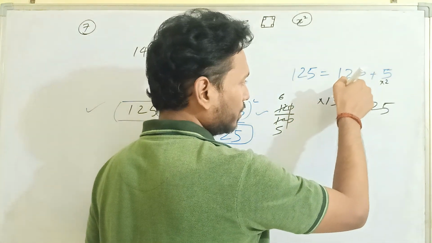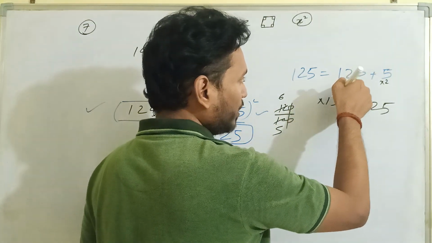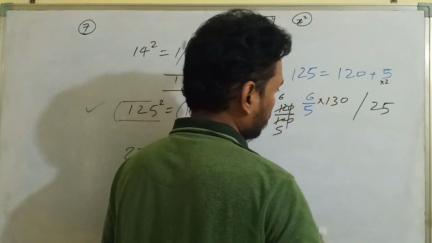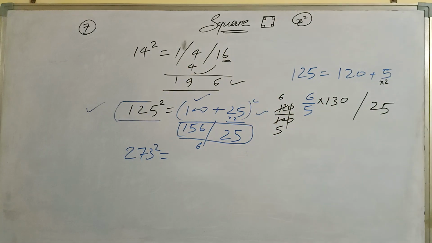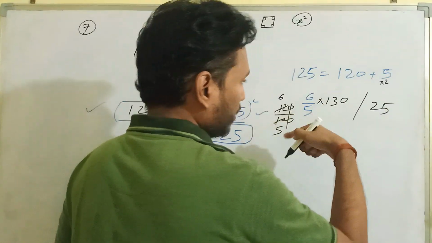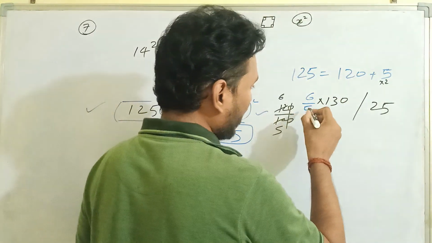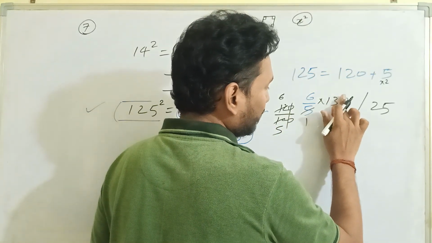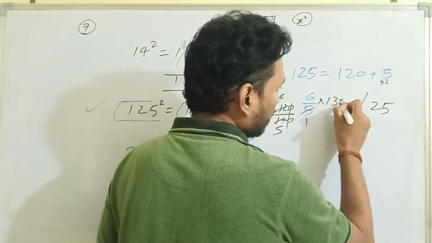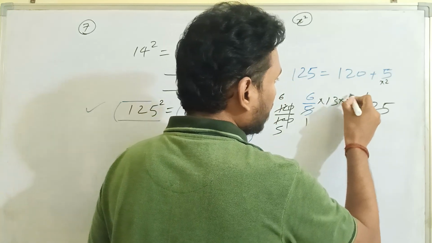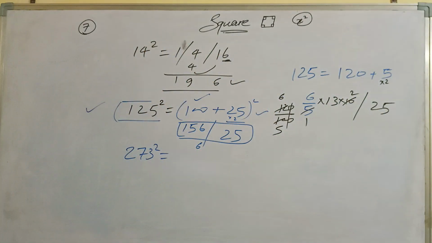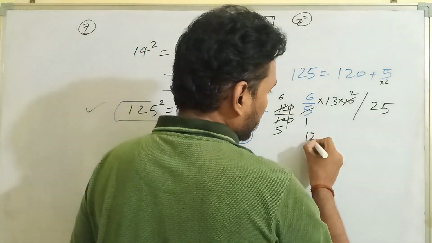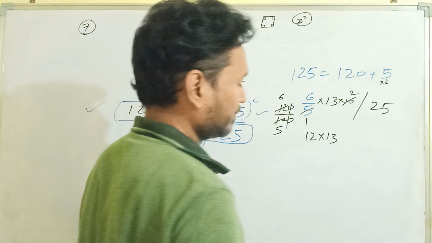Now, what is the base of this? Because here it is not 100, for 120 the base will be 6 by 5. Clear? Then simplify it. 5 ones are 5. We can write this number as 10. 5 twos are 10. 6 twos are 12. Here the multiplication is 12 into 13.